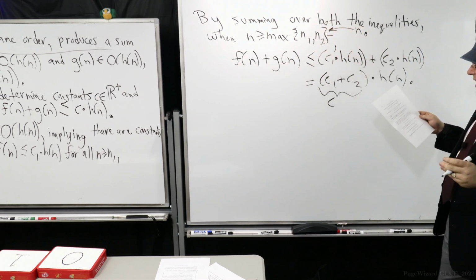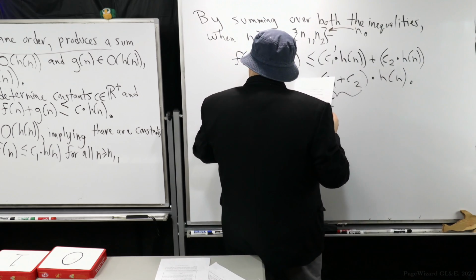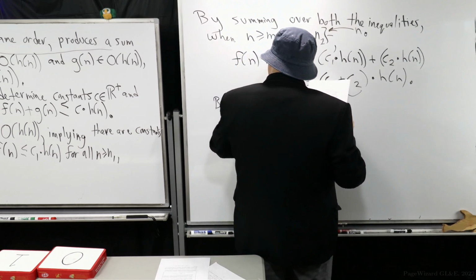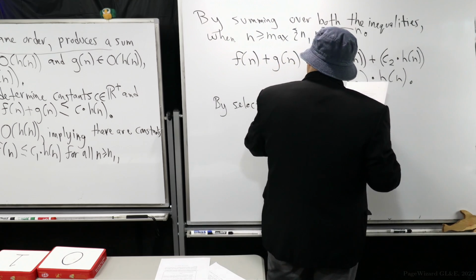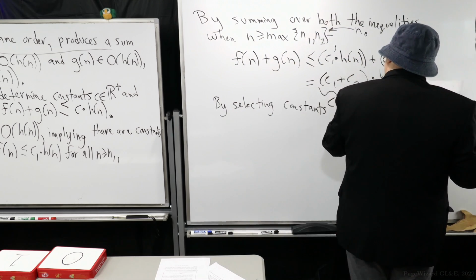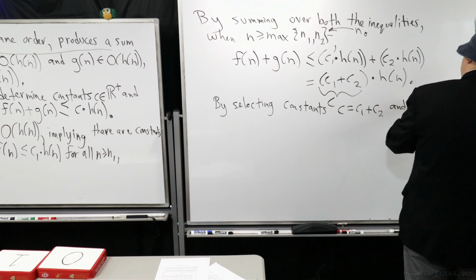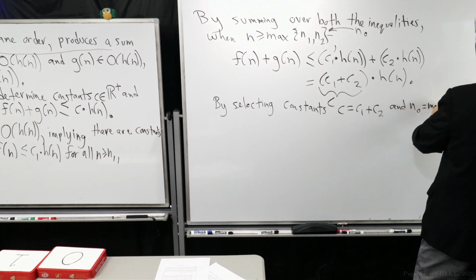But let me state that. By selecting constants, C is equal to C1 plus C2, and n0 is equal to the max of n1, n2.